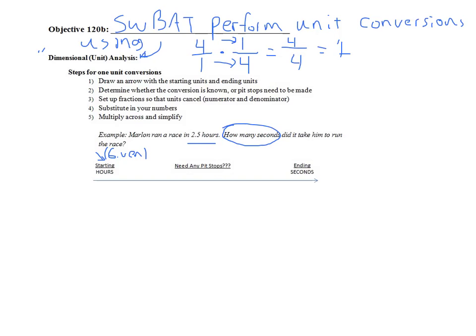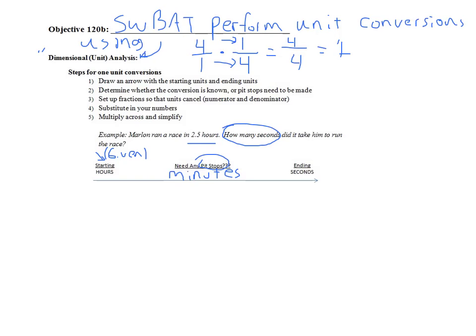You should be thinking minutes. You do know how many minutes are in an hour, and how many seconds are in a minute. So our pit stop, as I'm going to refer to it: do we need to stop anywhere in the middle? We need to ask ourselves, do I know the relationship between my starting and ending units? If you don't know that, you've got to make some pit stops.